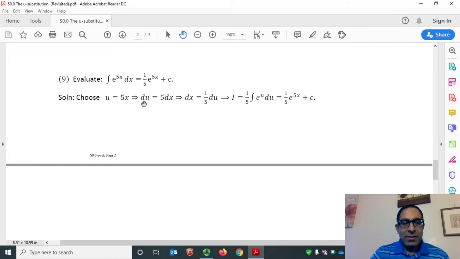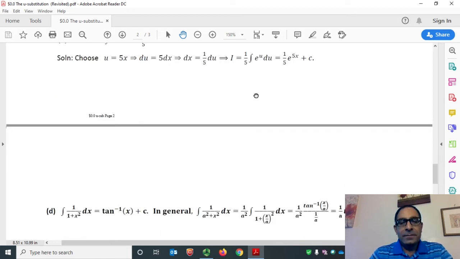Then dx equals 1/5 du. Then rewrite the given integral: I equals 1/5 times the integral of e to the u du. The 1/5 stays as it is, and we know the integral of e to the u with respect to u is itself. Resubstitute the variable: u is 5x, then plus c. Awesome. So far so good, right?